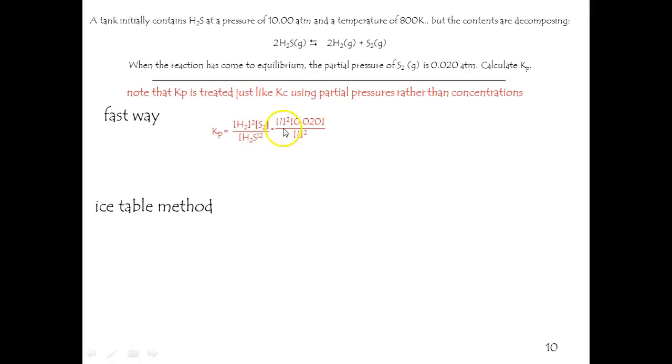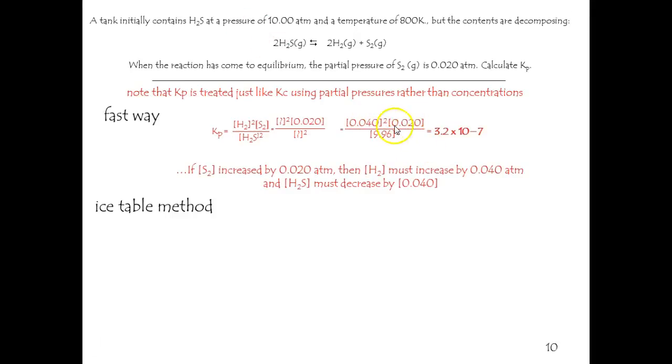So let's see. We can say that this concentration is going to go to 0.04 from 0, since twice as many of them are forming. And this will go down by 0.04 from 10. Not much of a change, by the way. And so we now have everything.